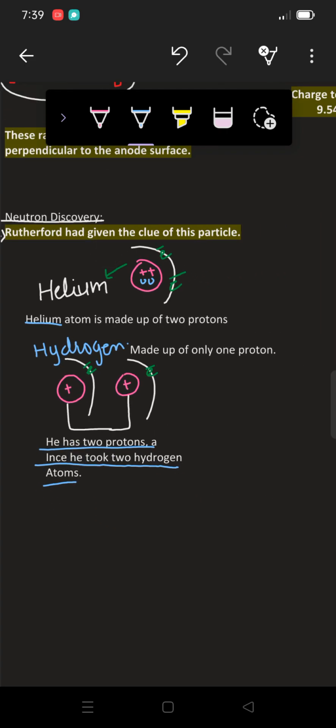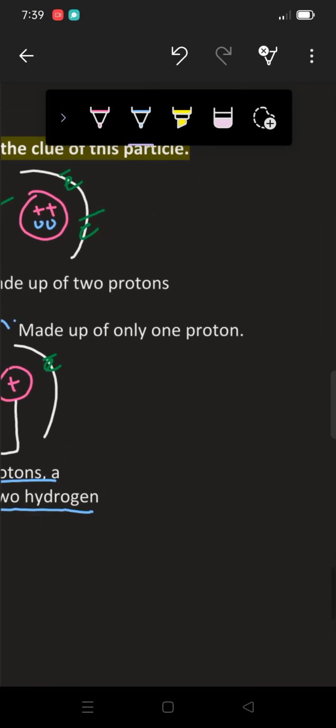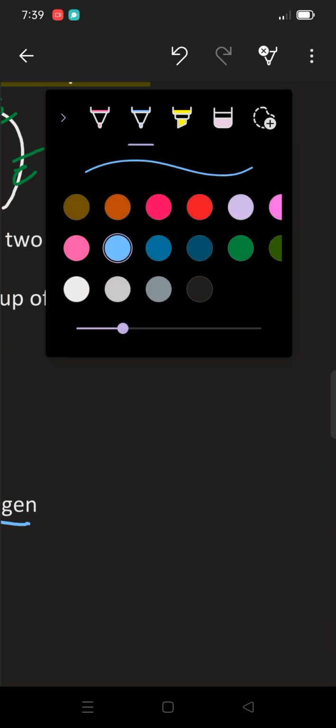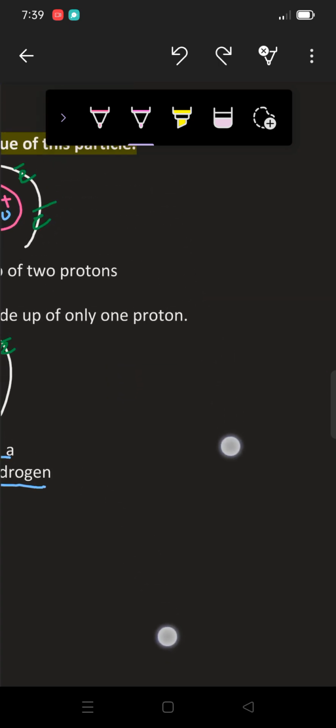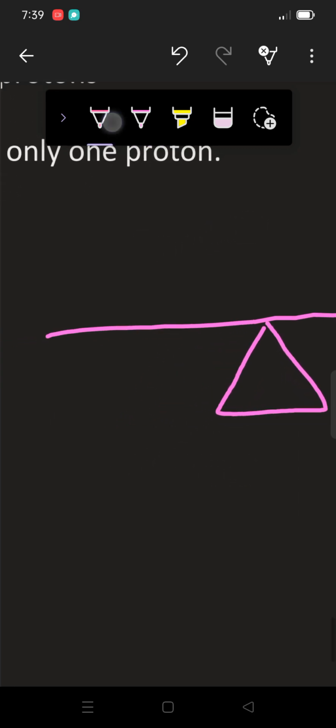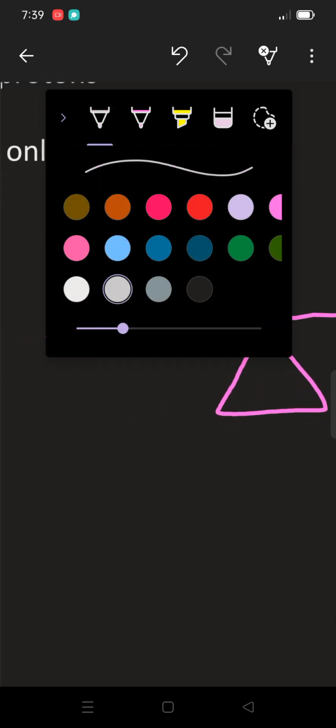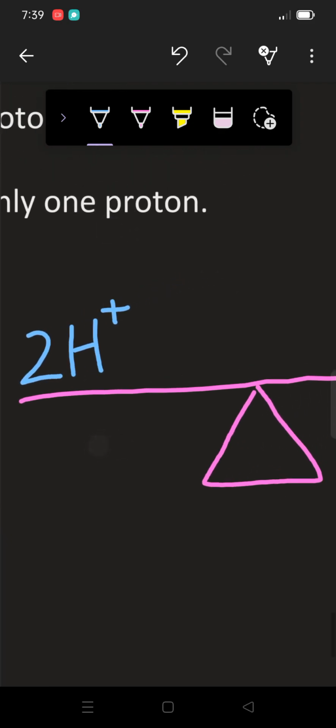Now if I compare this on the mass scale, right? Let me make the mass scale so that I can explain it to you. Here I have the mass scale. Here he took two hydrogens, since two hydrogens have two protons, right?